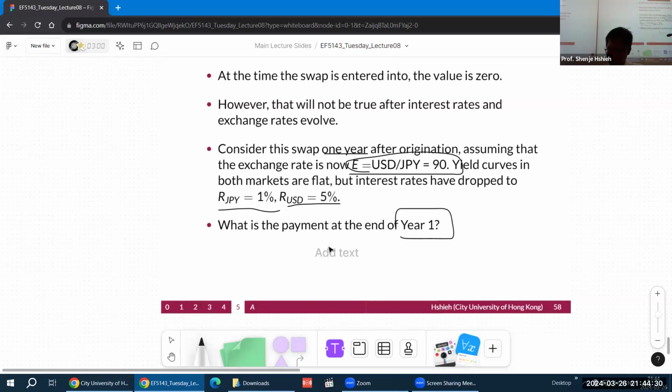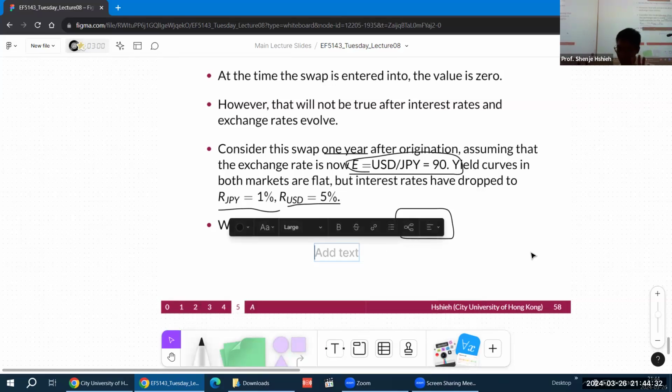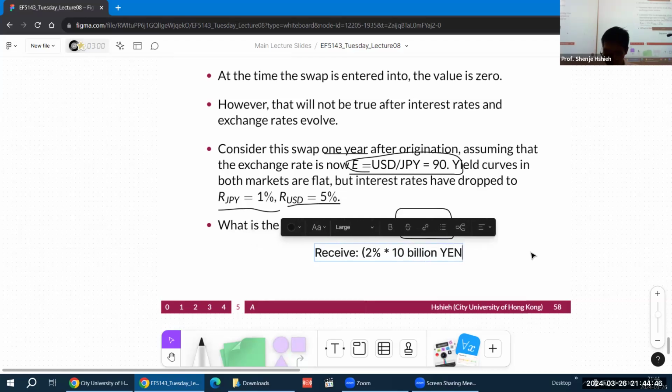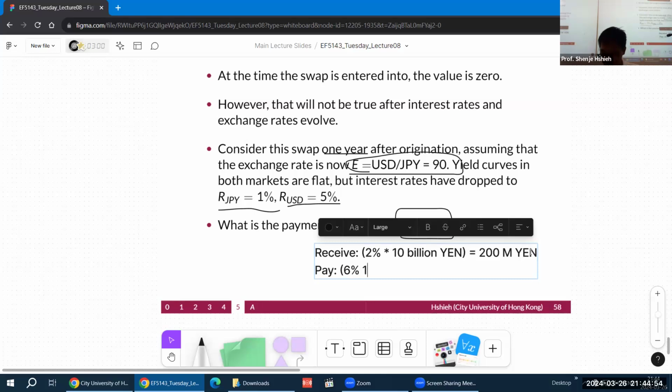First, that's simple, right? Because we haven't considered anything changing beforehand. So what you would receive is just 2% times 10 billion yen, which is equal to 200 million yen. And you would pay out 6% on 100 million USD, which is equal to 6 million USD.